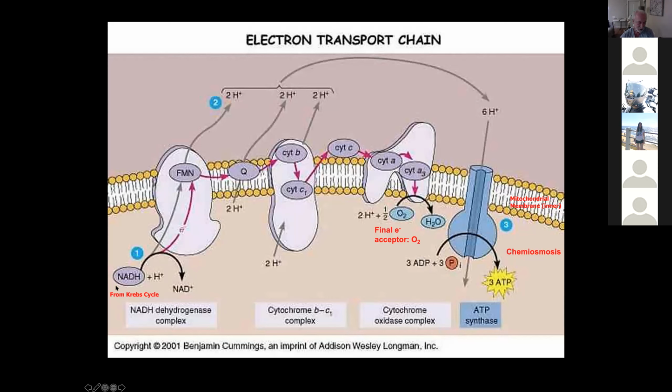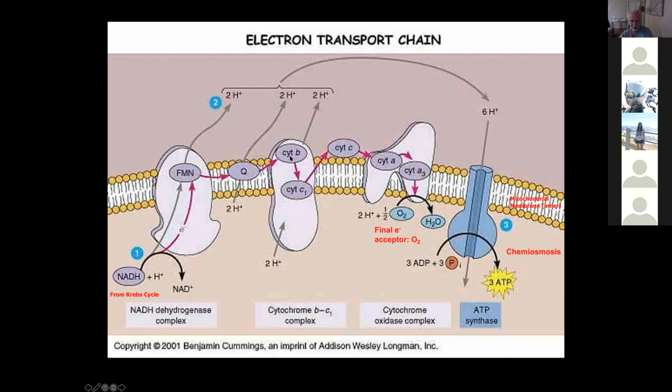The source of electrons is NADH plus protons. So these enter the electron transport chain, which are these protein complexes shown here by globs embedded in the membrane. The electrons are transferred from one carrier to the next, to the next, through the membrane, losing energy as they go along.